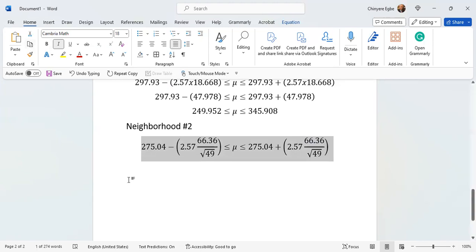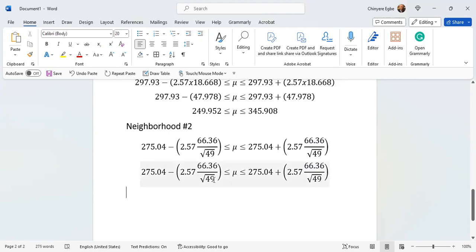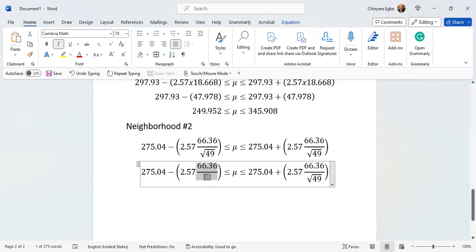We know the square root of 49 is 7. The same process.